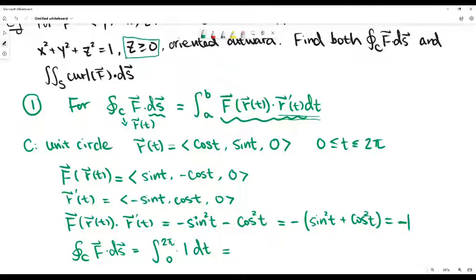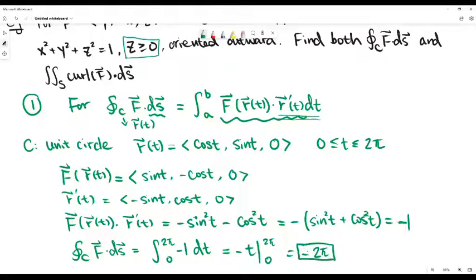I'm sorry, negative 1. Right? So I know my final answer after integrating this would be negative 2 pi. Right? So in this example, the vector line integral is not too hard to compute.